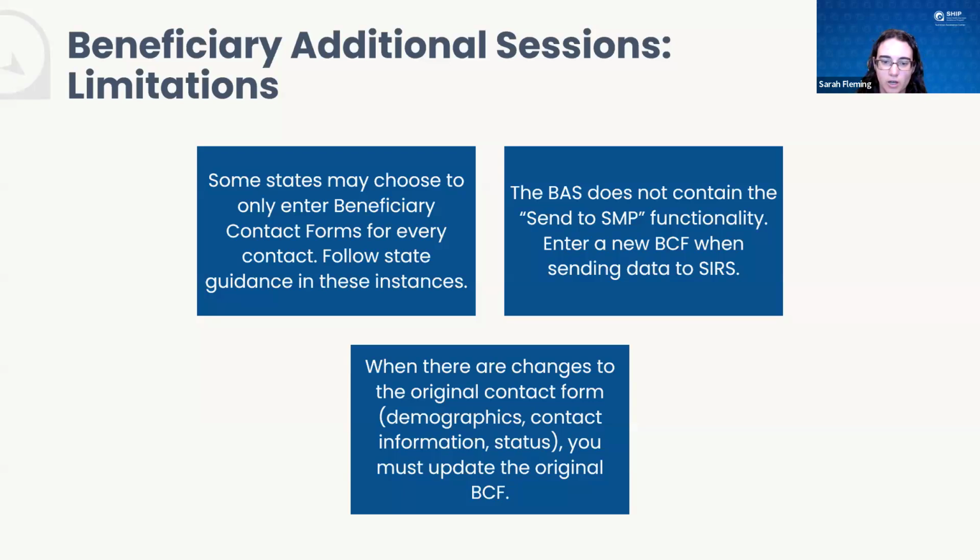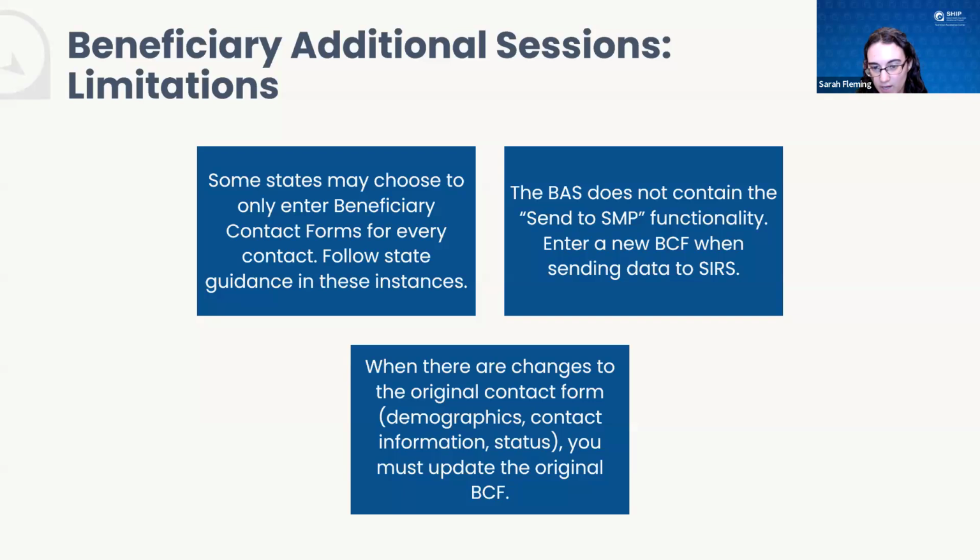In addition, the reason that the beneficiary additional session form exists is really just to reduce data entry work for the counselor. And so when we demonstrate it, it has reduced demographic information. And so you're reusing the demographic information from the original beneficiary contact form essentially.